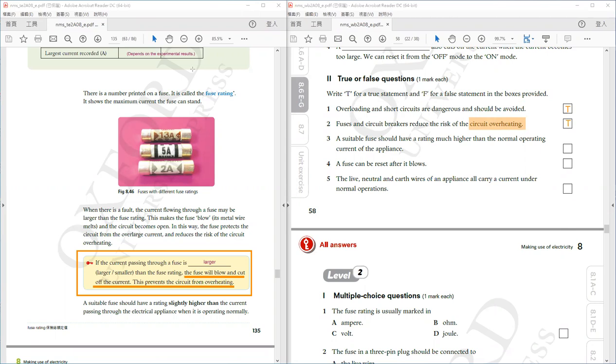Okay, next part. Also, page 135, you can read this line.